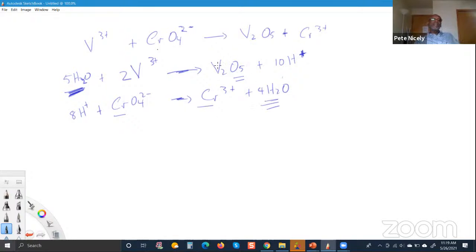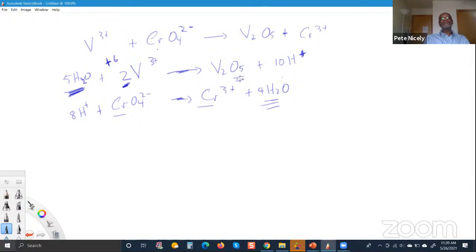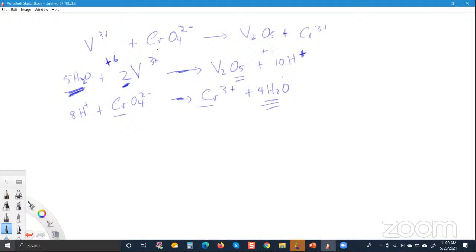How many charges total do we have on the left side for the first half equation? 3. Nope. Hold on. See this 2 here? Oh yeah, 6. Right. You see, you have to be careful. Okay, how many charges do we have total on the right side? 10. Okay, very good.